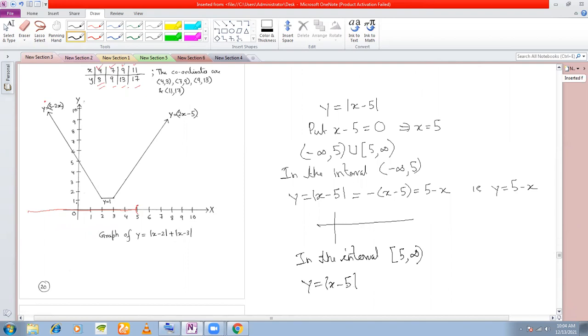Here x is taking values that are either equal to 5 or greater than 5. So x minus 5 will always be positive. So mod x minus 5 will be simply x minus 5. So you simply want to draw the graph of y is equal to x minus 5. And for which part are you drawing the graph? Only for this part.